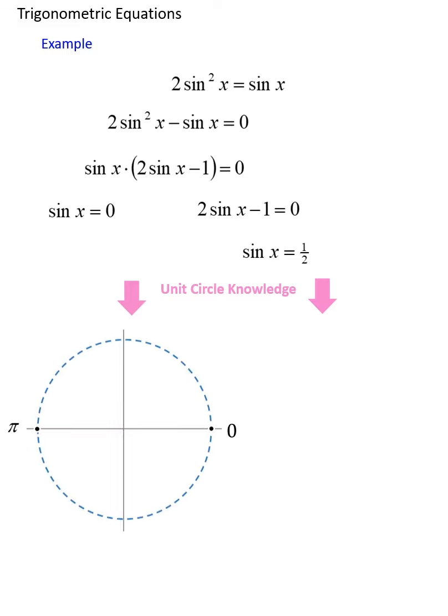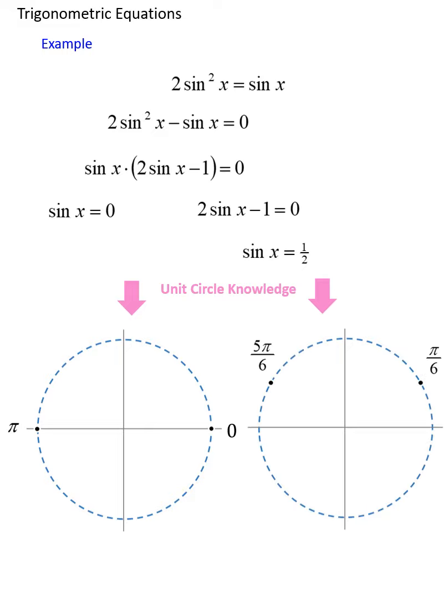There are 2 points on the unit circle whose y-coordinate is 0, and there they are. The equation on the right reminds me to look for points on the unit circle whose y-coordinate is positive 1/2, and there are 2 such points as well there.